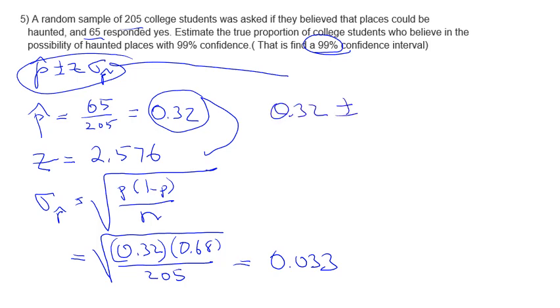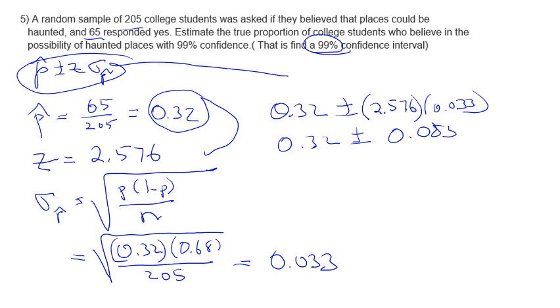So, using our formula, 0.32 plus or minus z, 2.576, times 0.033. 0.32 plus or minus the product of that, which is 0.085. So I'm going to round this to 2 places, 0.09.